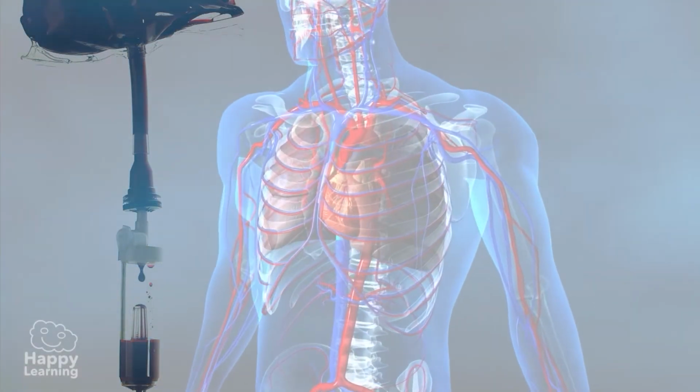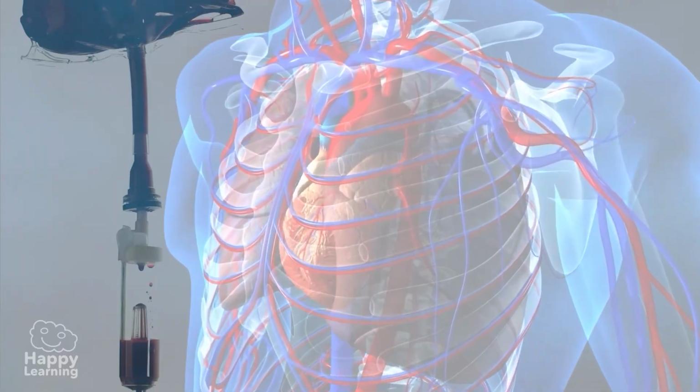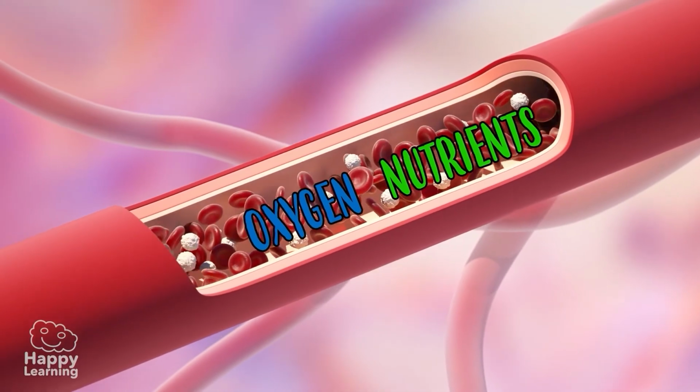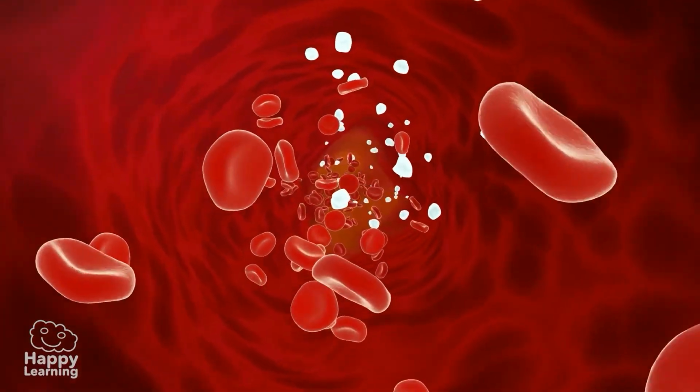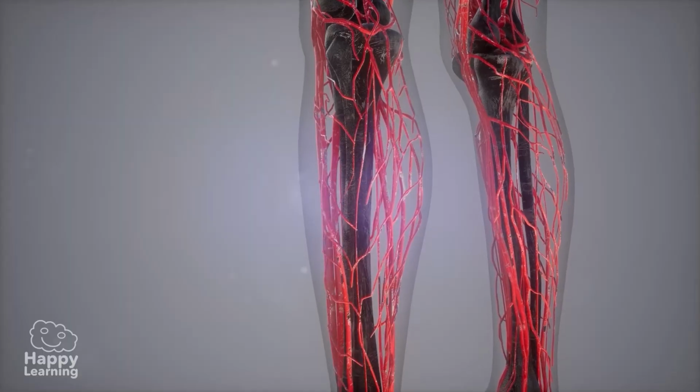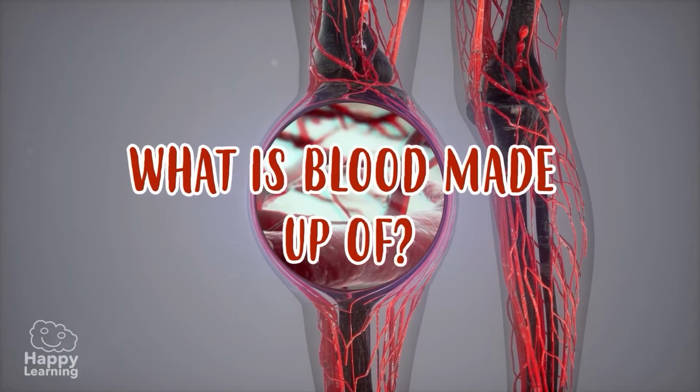Blood is essential to keep us alive, as it transports nutrients and oxygen to all parts of our body so they can continue to function. But what is blood made up of?